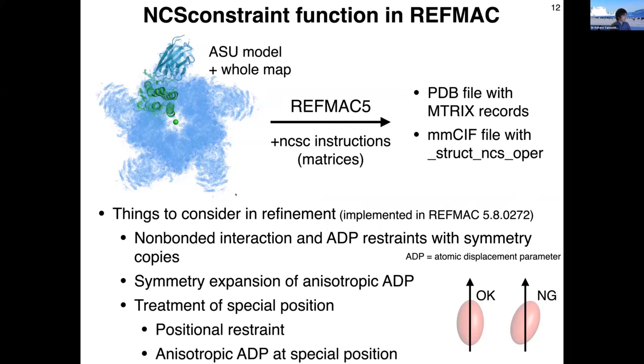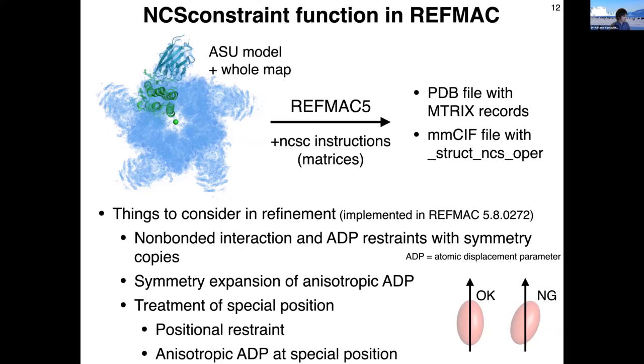But some important features to use this function were missing, and they were newly implemented in REFMAC and will be released in the next update. They include non-bonded interaction between the symmetry copies and the ADP similarity restraints with the neighboring atoms in the symmetry copies.